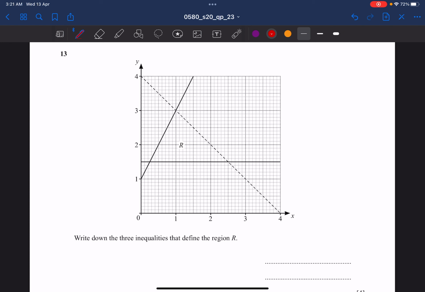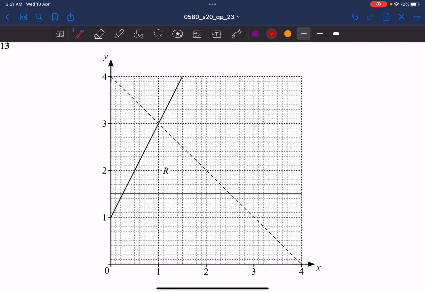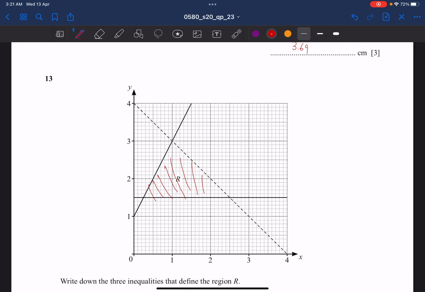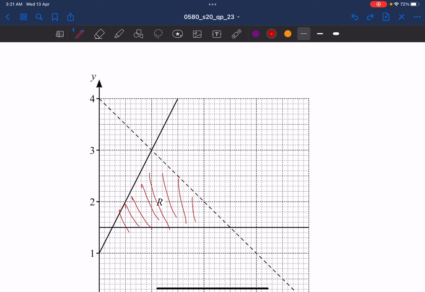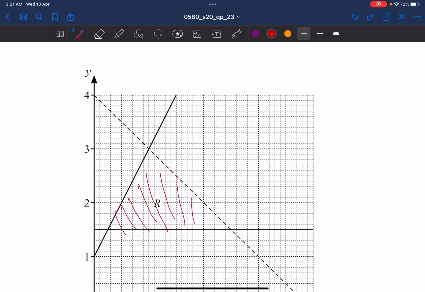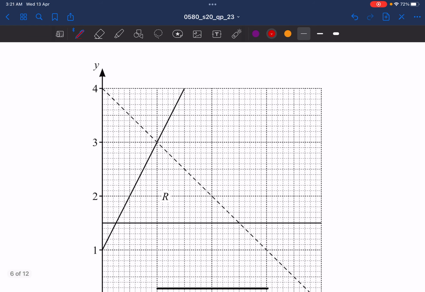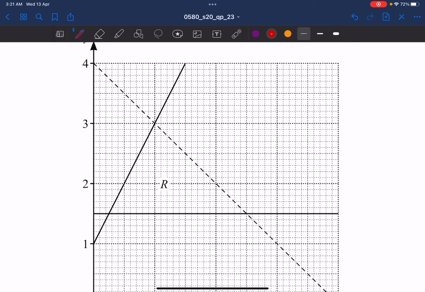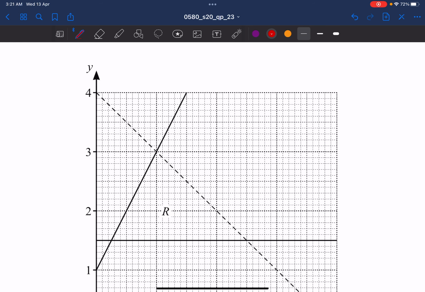Write down the 3 inequalities that define the region R. So this is the region R. We need to find the equation of this solid line. If you recall the definition of gradient, y equals mx plus c, what does this m mean?